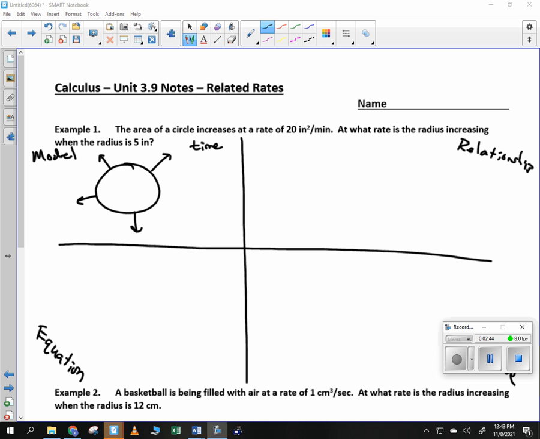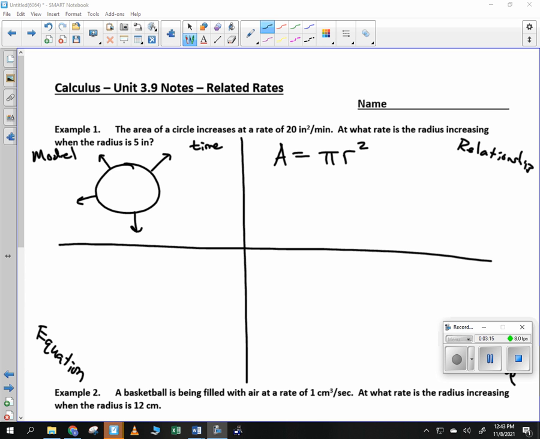So the first thing I'm going to do is come up with a formula for the area of a circle. What is the formula for the area of a circle? Area is equal to pi r squared. And over here, I'm going to write down a few things that I know. What am I given in the problem? The rate of the area increase.